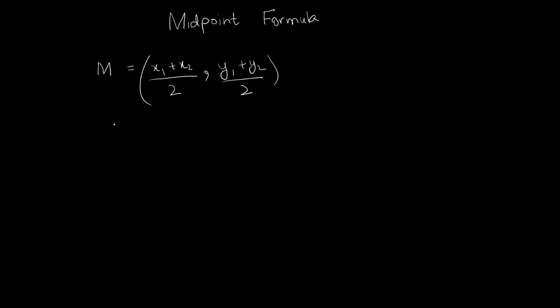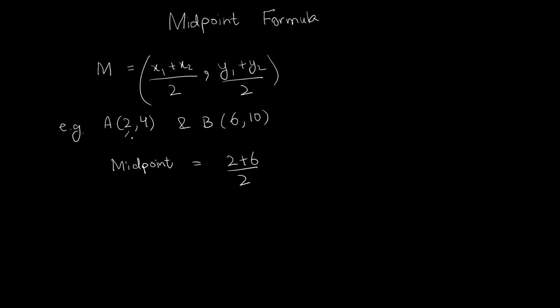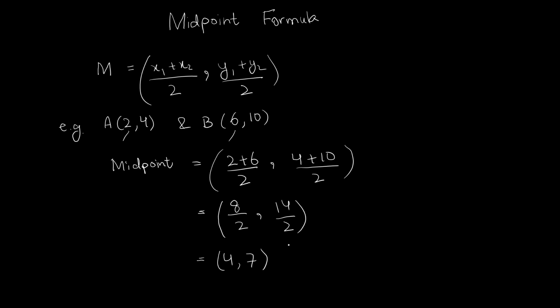For example, then midpoint: first you need to add the entries and then simplify, giving 4, 7.